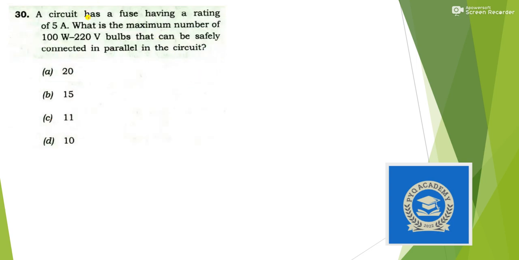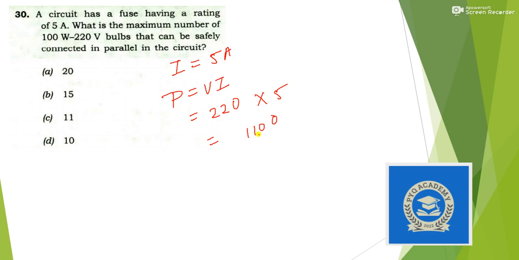Next is, a circuit has a fuse having a rating of 5 ampere. That means maximum current is 5 ampere. Then what is the maximum number of 100 watt, 220 volt bulbs that can be safely connected in parallel? We know that P equals VI. Here 220 volt is supplied and current is 5 ampere, so the total power it can withstand is up to 1100 watt.